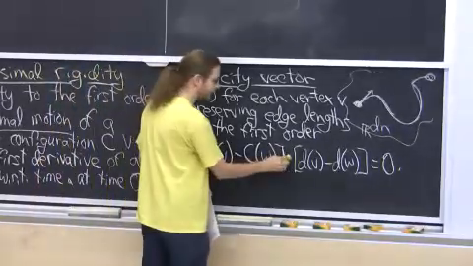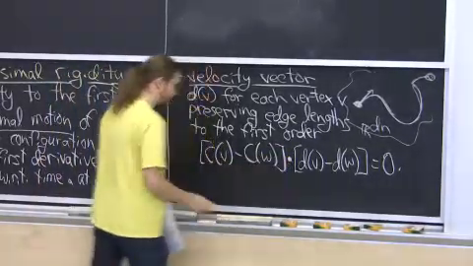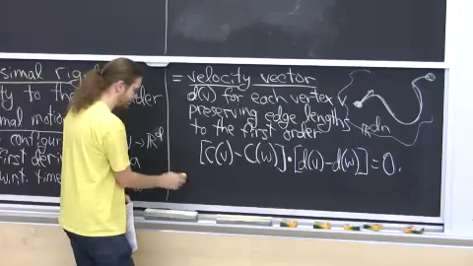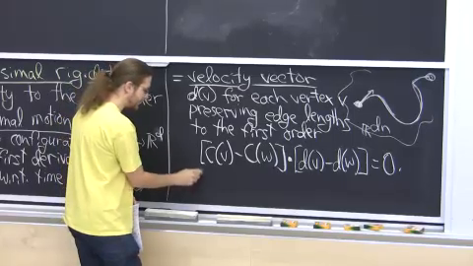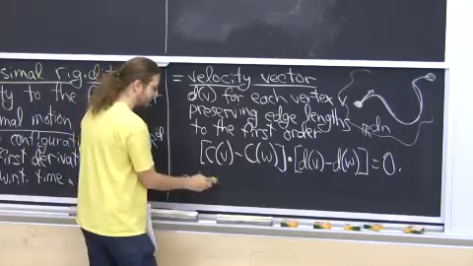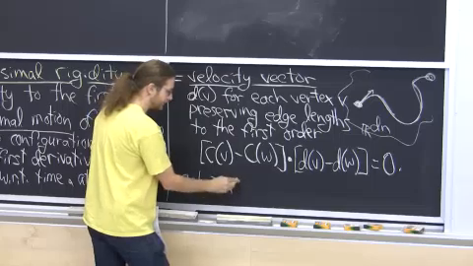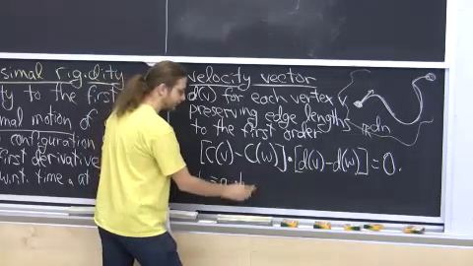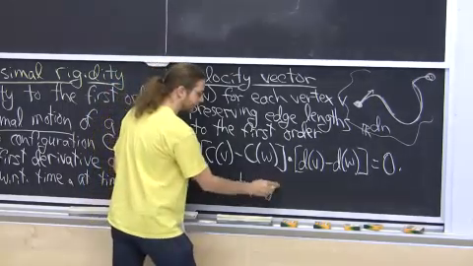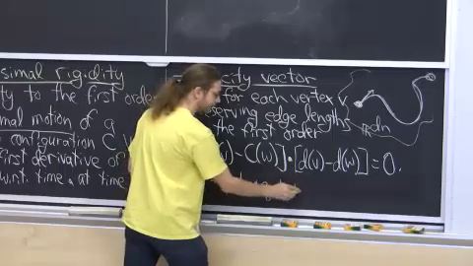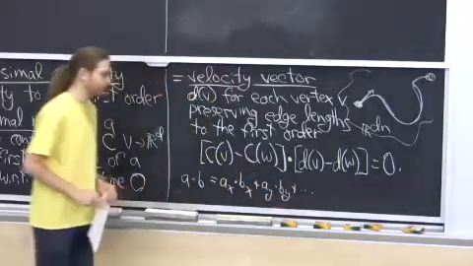This is a dot product between two vectors. If you have two vectors, A and B, you take their dot product: you take the x coordinates, multiply them together, take the y coordinates, multiply them together, and so on. Add them up.